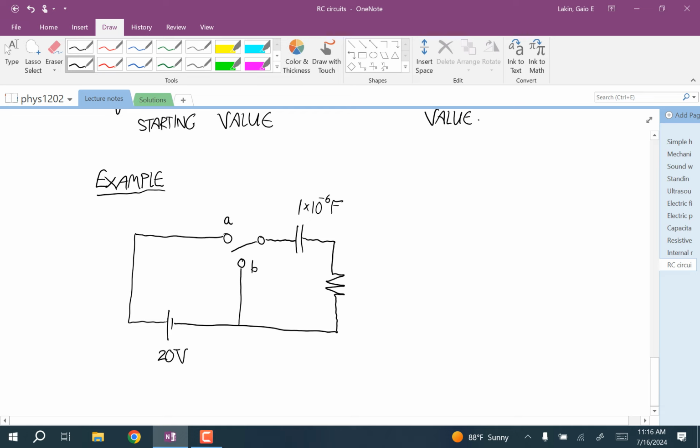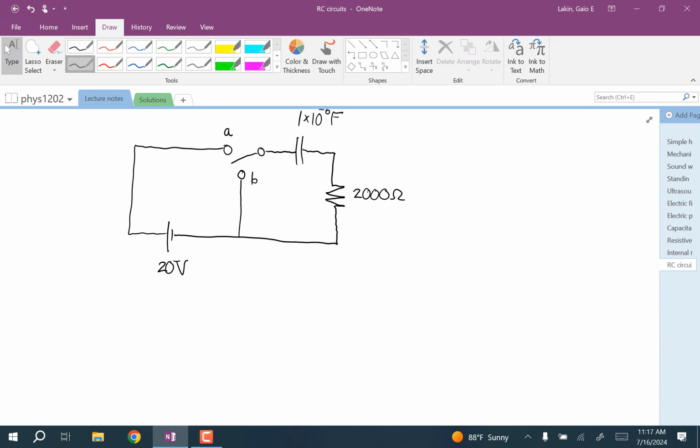And the resistor is 2,000 ohms. Let's say that the capacitor is uncharged at the instant the switch is thrown to position A.